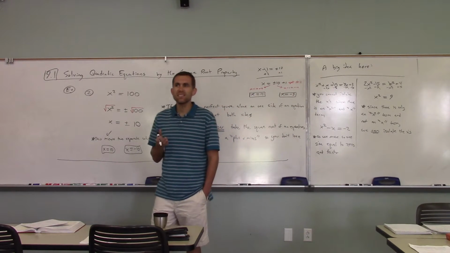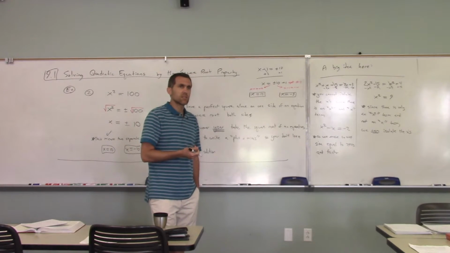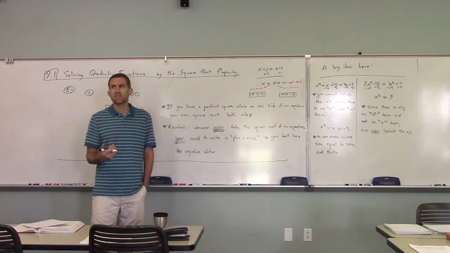I said anytime you see an x squared, anytime you see an x to the third, move it all to one side, equal to 0, factor it, done. That's true, and it would work.